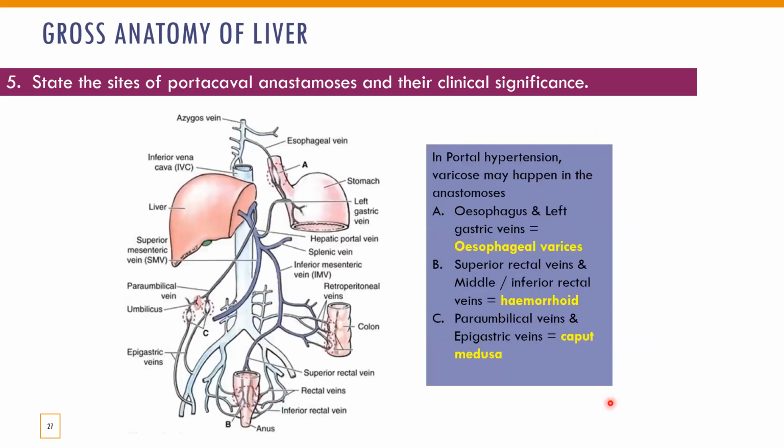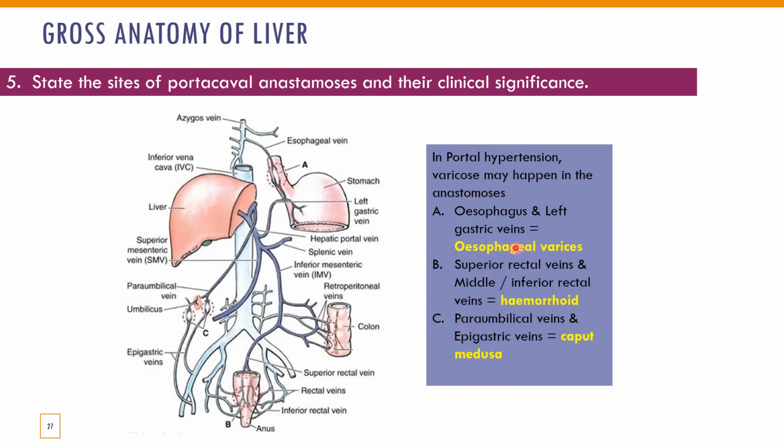What happens in portal hypertension is that varices may develop. Varices are the enlargement or dilatation of these veins, and they may rupture. They are dilated and tortuous, and that is the meaning of varices. Among them are the three most common sites for varices.